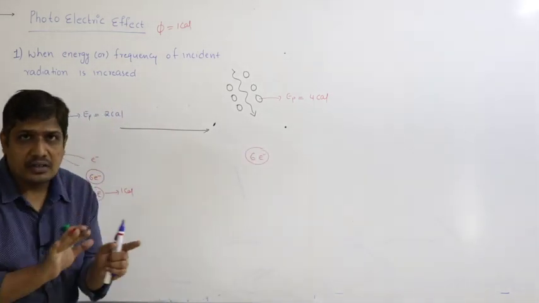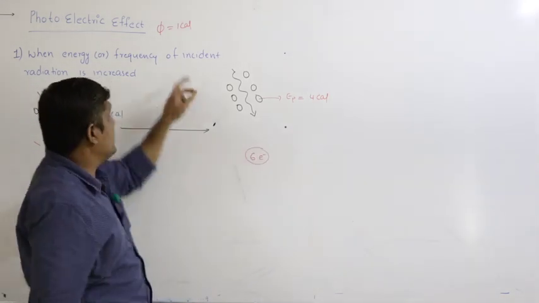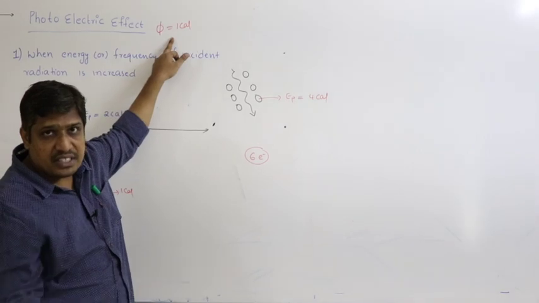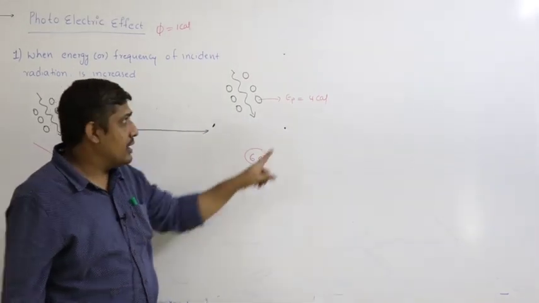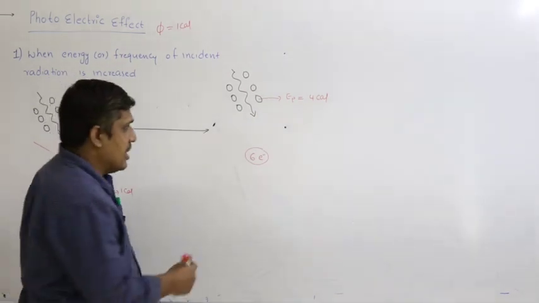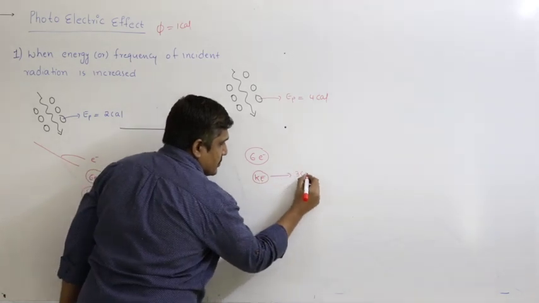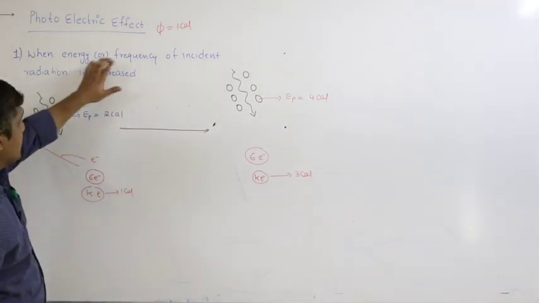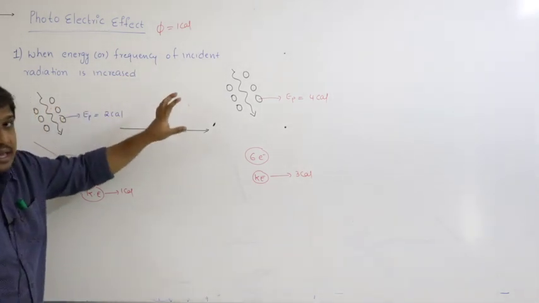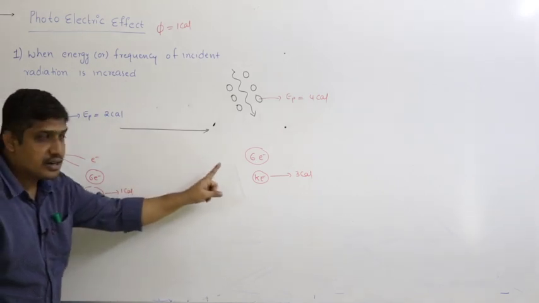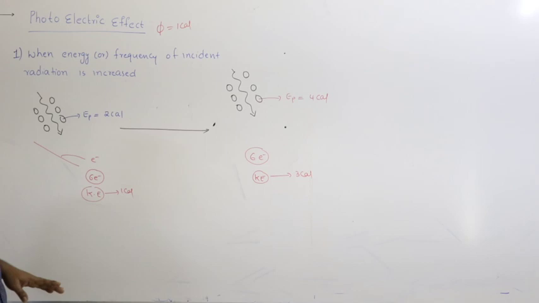Number of photons will not change, but the energy associated with each photon has increased. What is the work function? Since the metal is the same, the work function will be the same. Out of 4 calories, 1 for ejection of electron, remaining 3 calories will be used to increase kinetic energy. See the difference. When I increase the energy or frequency of incident radiation, the number of photons emitted will be the same. That means the number of photoelectrons emitted will be the same, but their kinetic energy will be different.